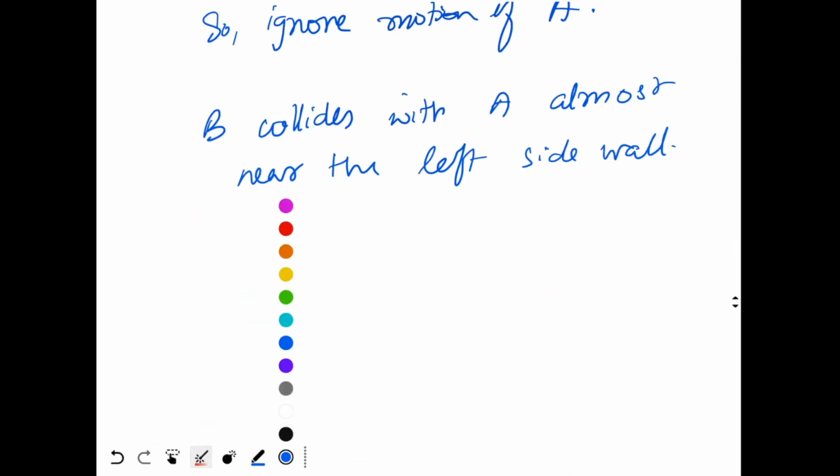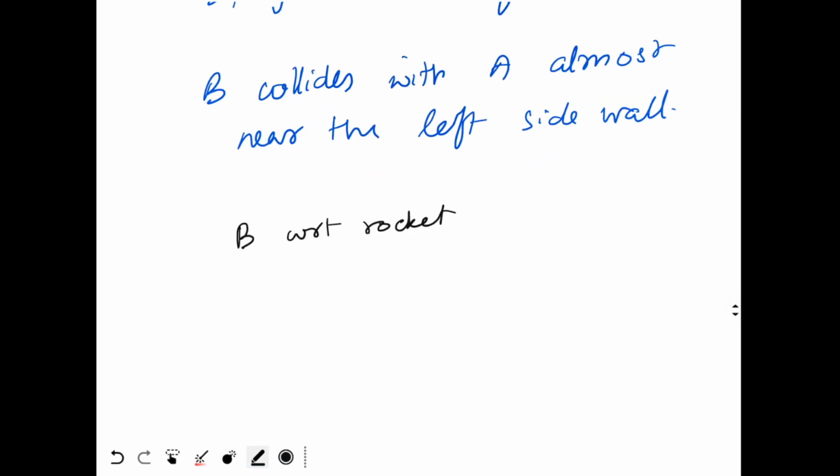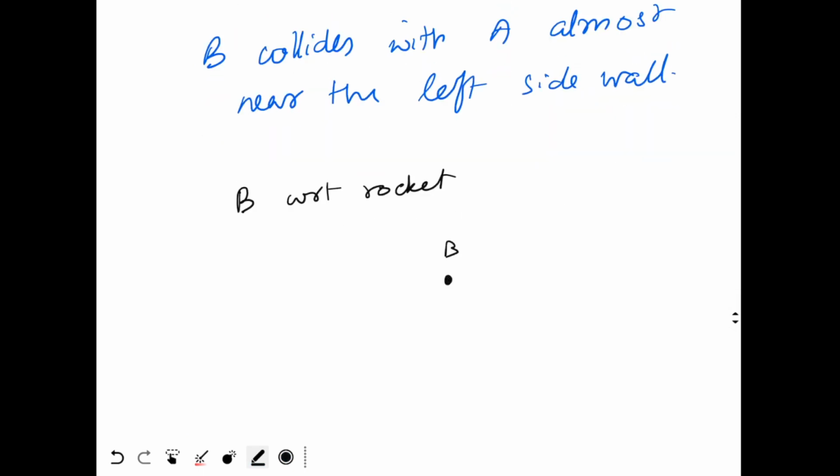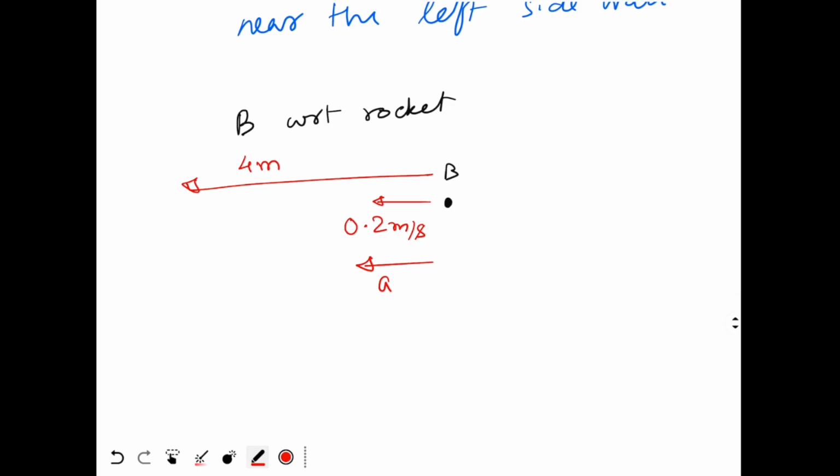Now we solve B with respect to the rocket. This is our particle B. Particle B has initial velocity u of 0.2 meter per second, and the acceleration of particle B is in the same direction. The displacement of particle B is 4 meter. Again we use the formula x equal to ut plus at square by 2.